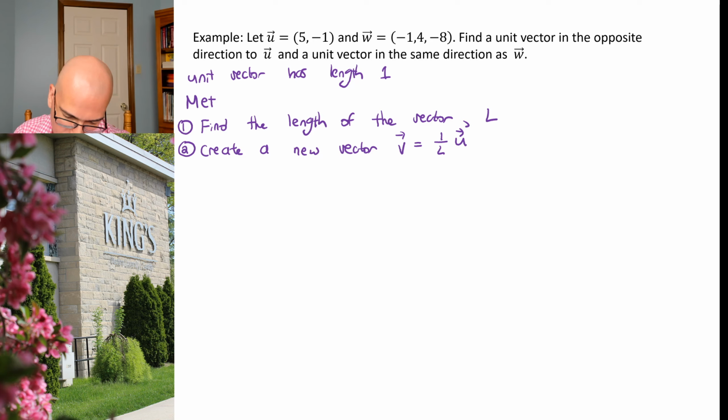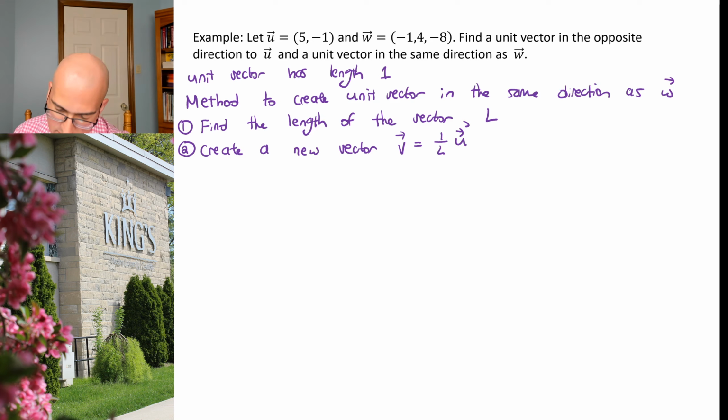So that's the method to create a unit vector in the same direction as, I'll call it w, and I'll change this to a w over here.